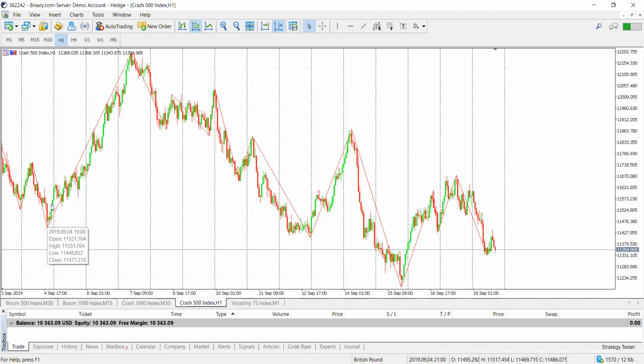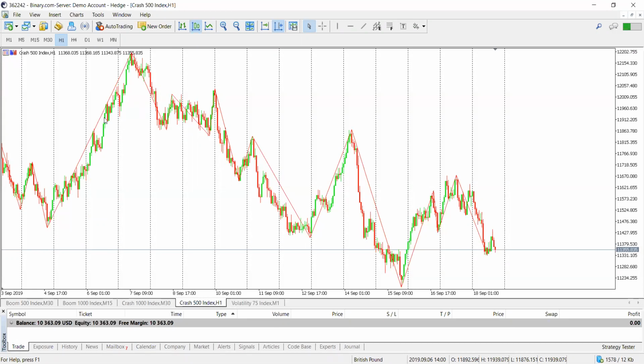This would be your low, this would be your high, this would be your higher low, and this would be your higher high. Then you've got this higher low again forming, and a higher high forming. So as long as the lows are not breaking the previous low, we are trending up.